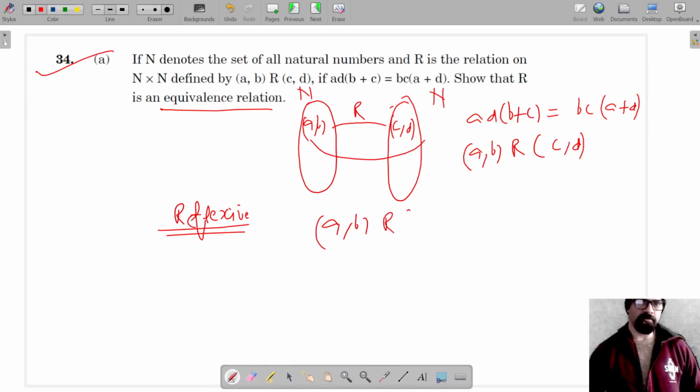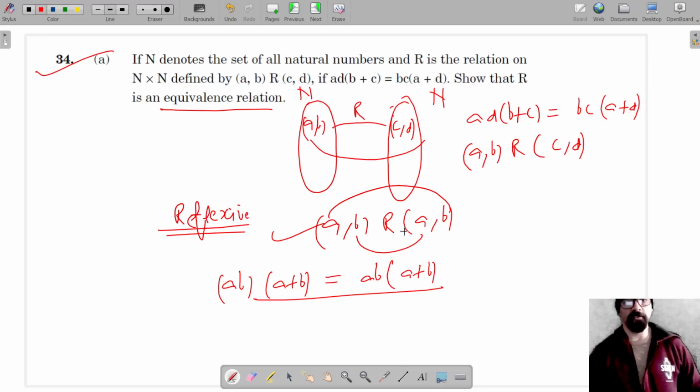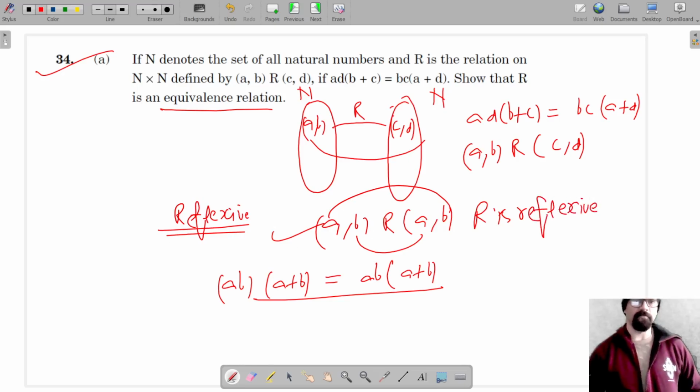So I have to multiply A with B and add A plus B, and then B into A, which is AB, and then A plus B. Obviously these two sides are equal. That means (A, B) is in relation with (A, B). That means this relation R is reflexive.